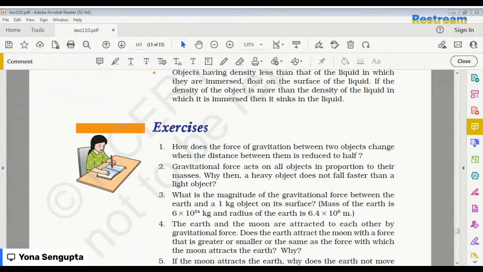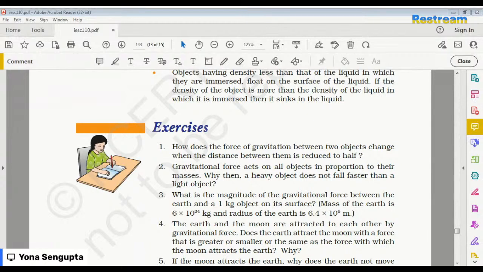According to the universal law of gravitation, the force of gravitation between two objects is given by F equals G into M1 into M2 by R square.